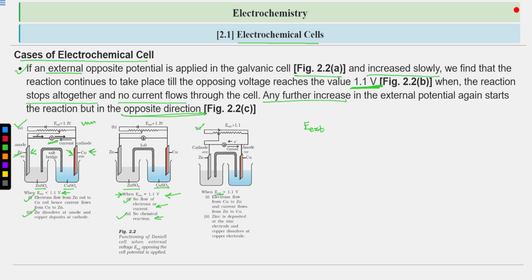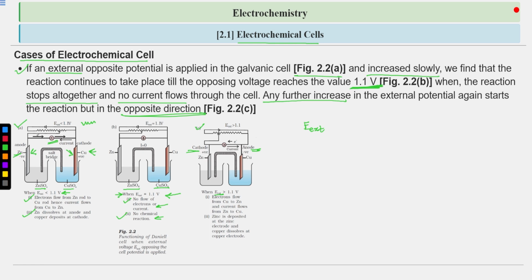Similar structure: the zinc sulfate and the copper sulfate, the zinc electrode and the copper electrode, the salt bridge. Now this time the zinc becomes the cathode because the reaction is reversed, and the copper becomes the anode, and the current is flowing from cathode to the anode. Okay, and the electron is flowing from anode to the cathode.